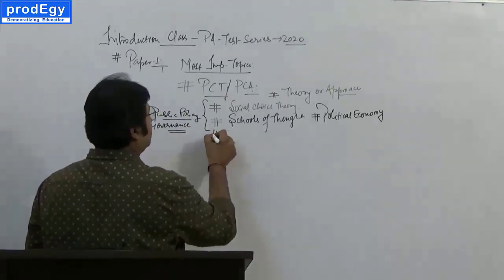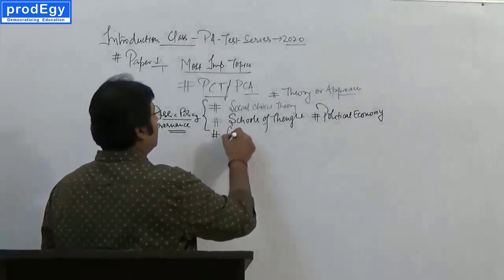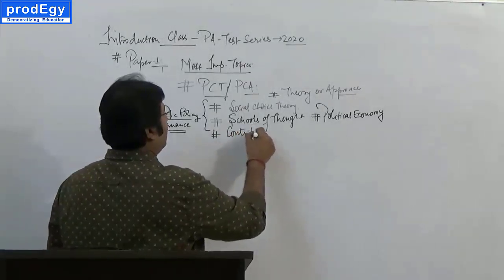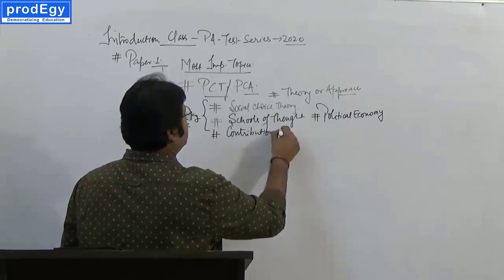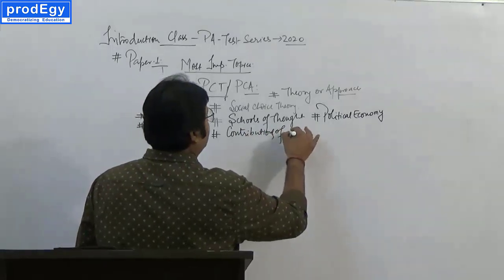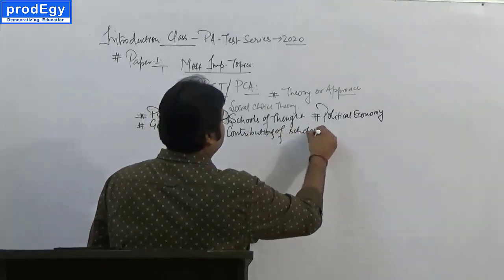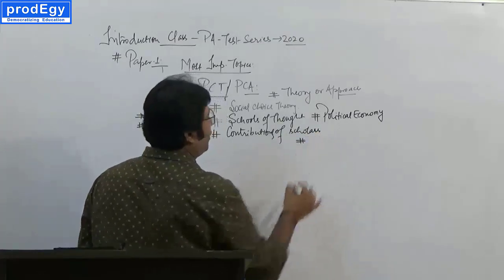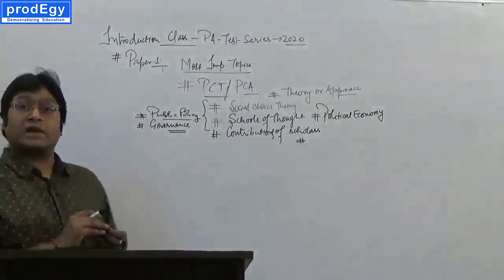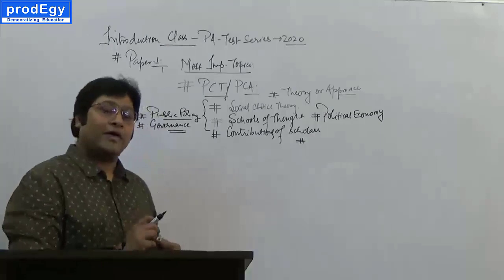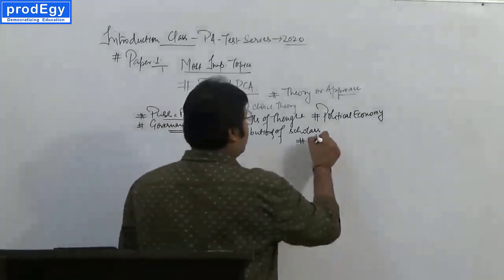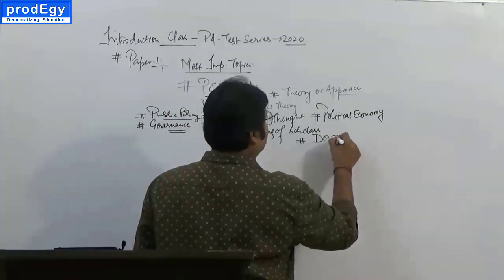Then contributions of certain scholars, because we generally all read Niskanen and Ostrom, fine, but we don't read Downs.